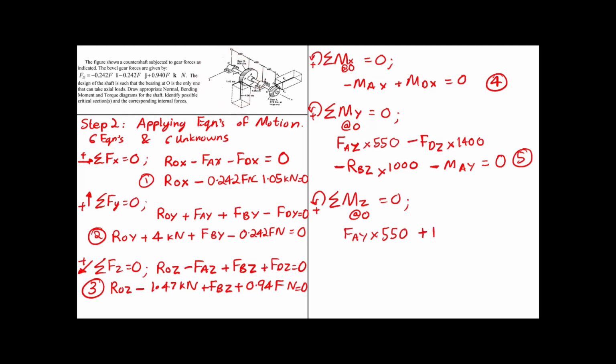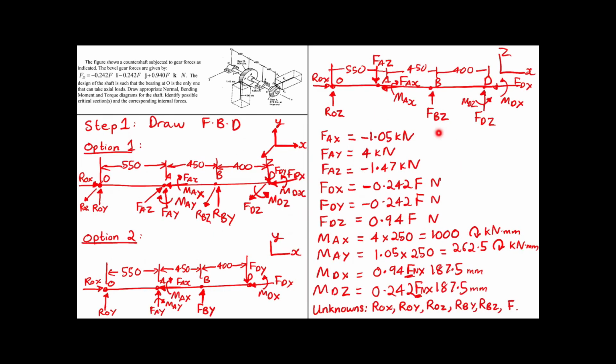So plus RBY times 1000, and here we have FDY, which is going to be clockwise, minus FDY times 1400. And then let's see what are the moments in the z-axis.